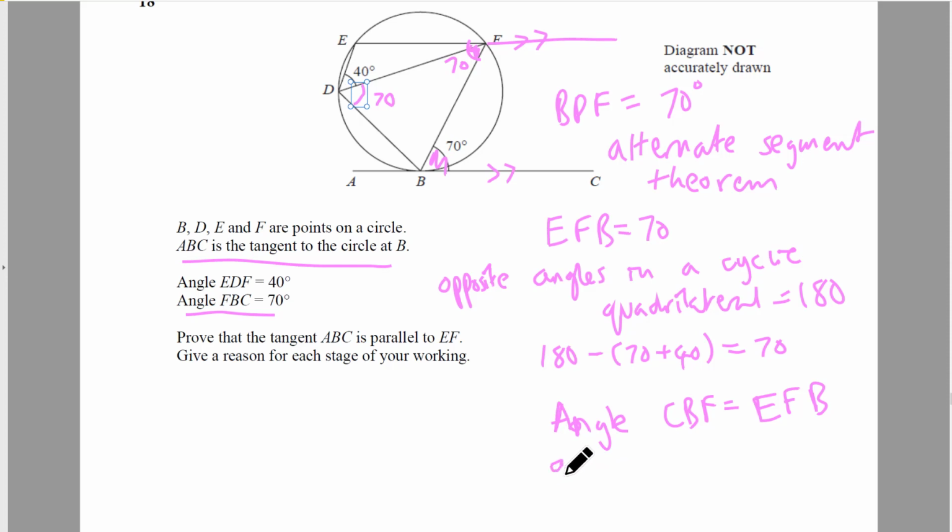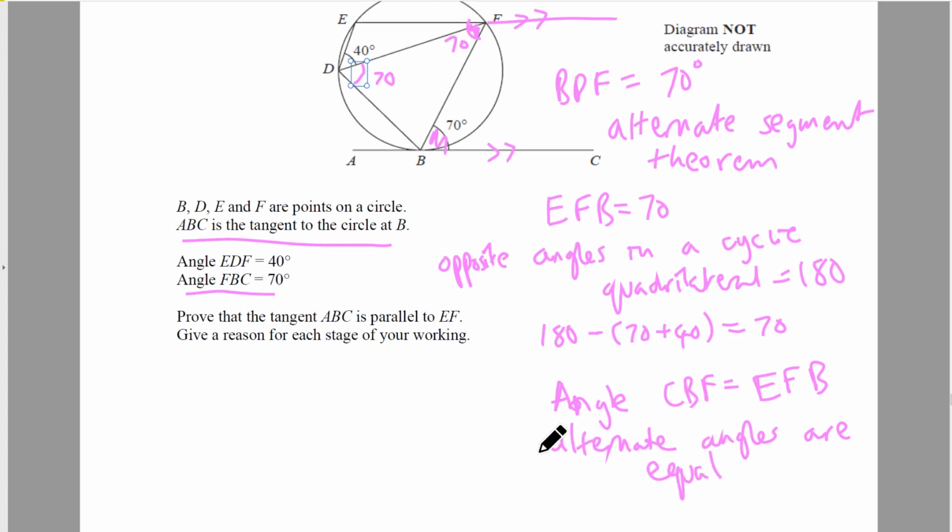So that's alternate angles are equal when there are parallel lines.